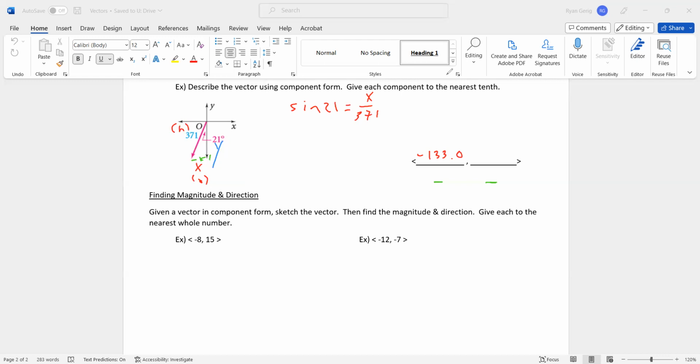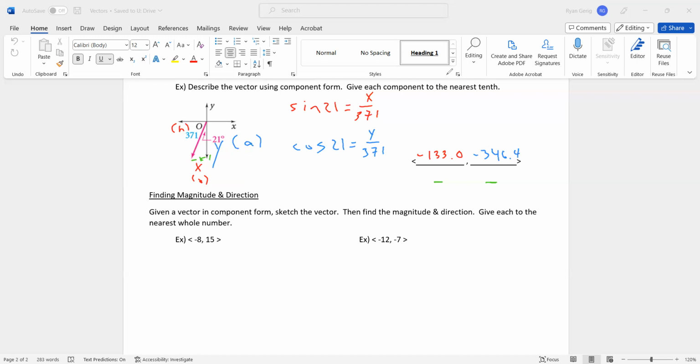In this case, y is adjacent to the 21. So I'm using cosine of 21 equals y over 371. So 371 cosine 21 is 346.4. And I need to remember to put the negative in front. So negative 346.4. Okay. And there you go.